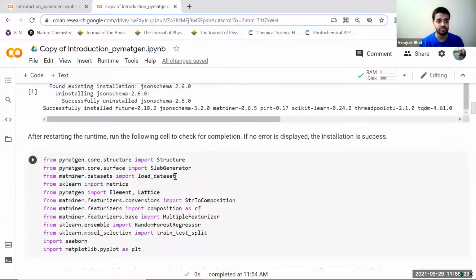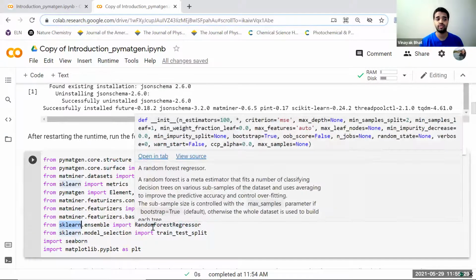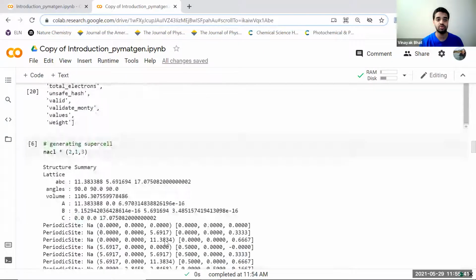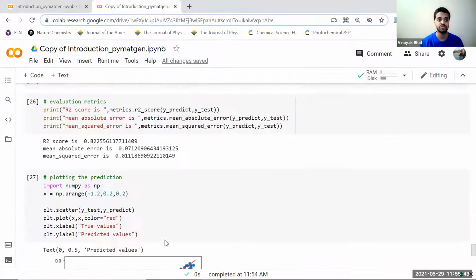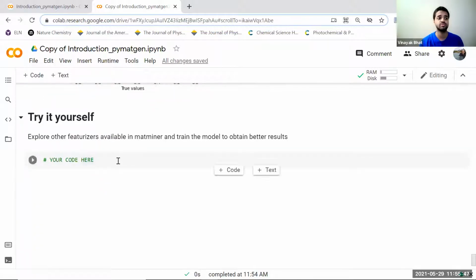Scikit-learn, sklearn, has various models. We used random forest. There are many other models that you can use, so try to see which model gives you a better prediction.